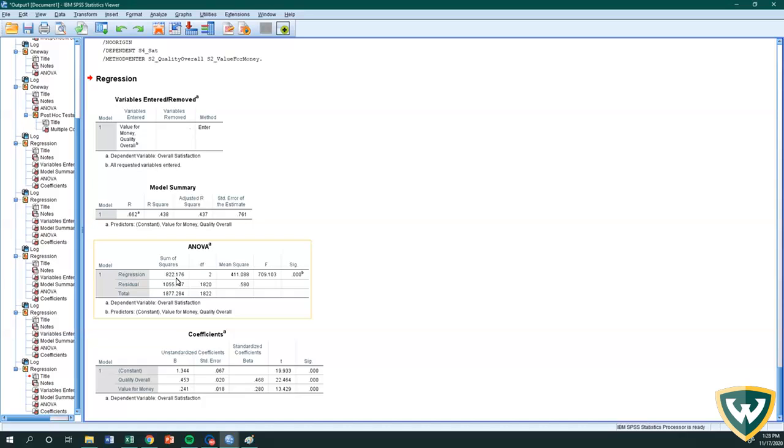So if my F value is statistically significant, if this sig, which is my observed p-value, is smaller than 0.05, then I reject my null, and I can conclude that there is a statistically significant linear relationship between my x's and y. In this case, there is a statistically significant linear relationship between value for money, quality overall, and overall satisfaction.